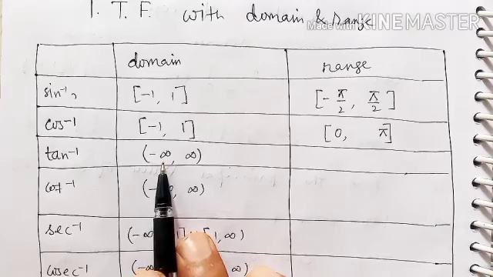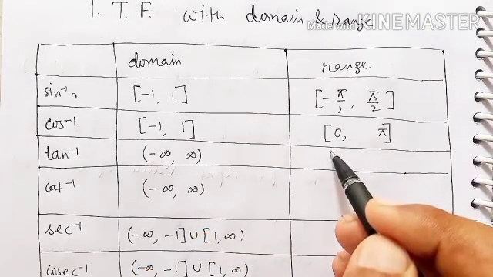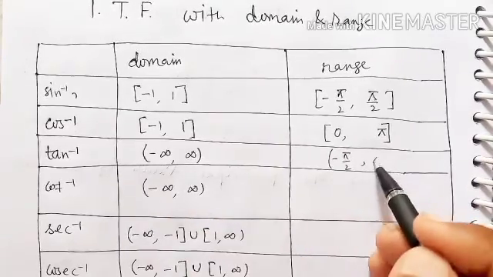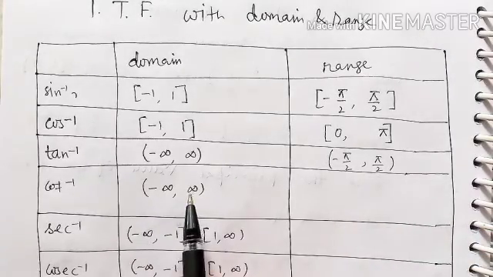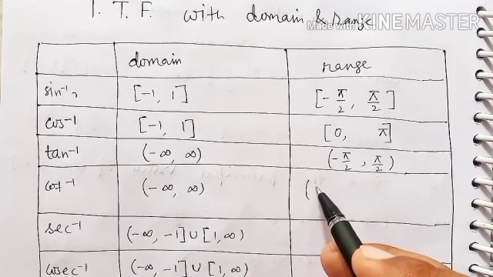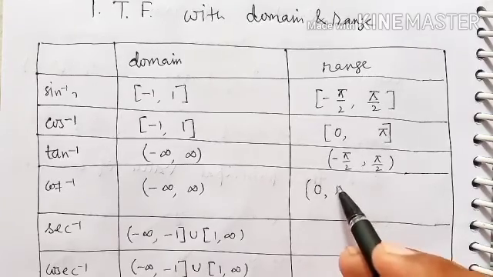We have to think of x for which tan x becomes minus infinity. Here it is an open interval, so we have to take an open interval. Now for cot, we know that at 0 it becomes infinity, and at pi it becomes minus infinity.